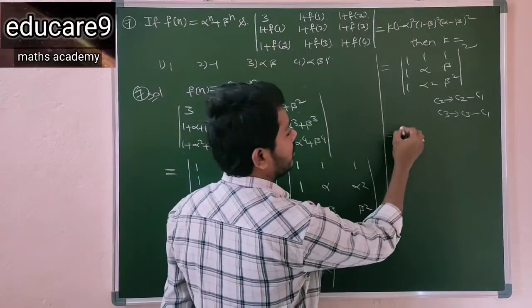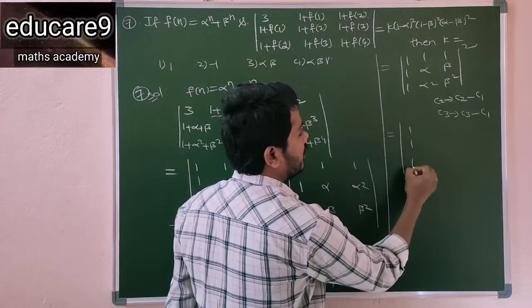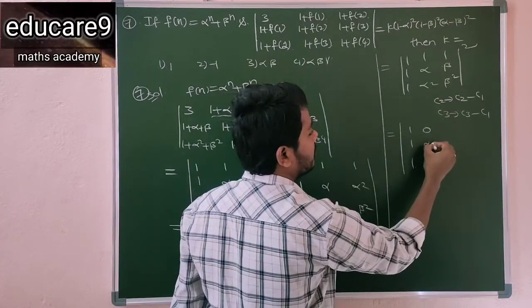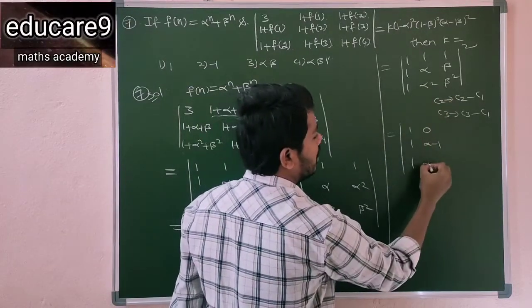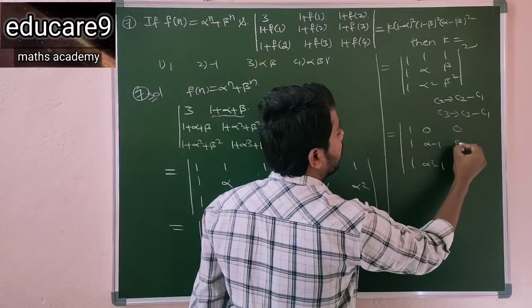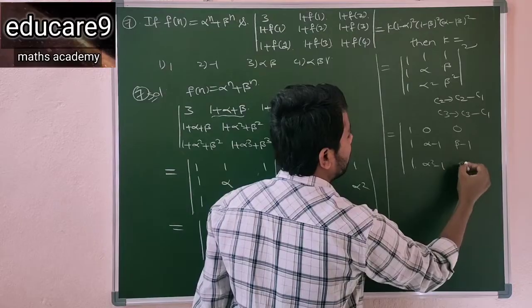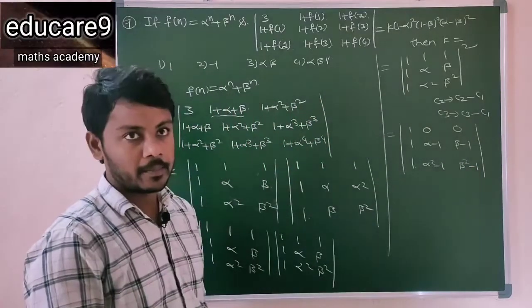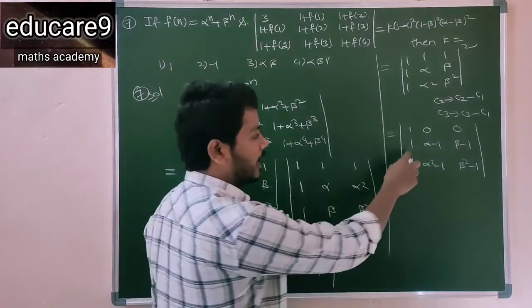So what you get: 1 1 1 here, 1 minus 1 is 0, alpha minus 1, next alpha square minus 1, next 0, beta minus 1, beta square minus 1. Okay.